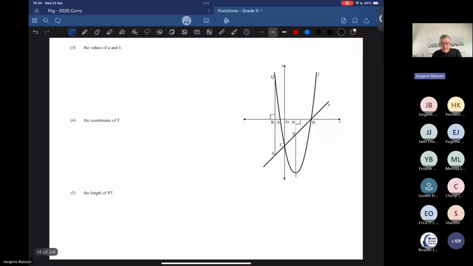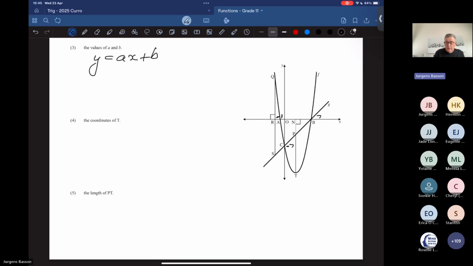If we quickly look at A and B, you will agree with me that is the equation of the straight line. I just want to put those values in. We have the x-intercept of the straight line, as you can clearly see here at B, and we have the y-intercept of the straight line right at C. The equation of the straight line given to us here was y equals ax plus b.